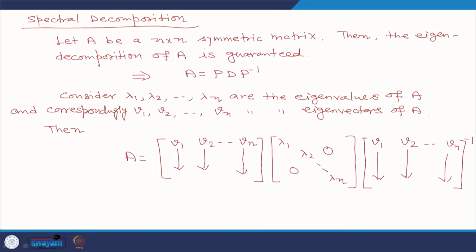Now, the eigenvectors of a symmetric matrix are not only linearly independent, but orthogonal. It means V1, V2, up to Vn form an orthogonal set of eigenvectors, meaning V1 dot V2 is 0, V1 dot V3 is 0, or in general Vi dot Vj is 0 when i not equals j.